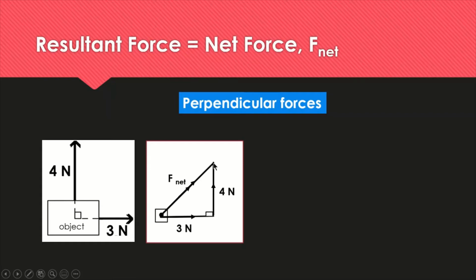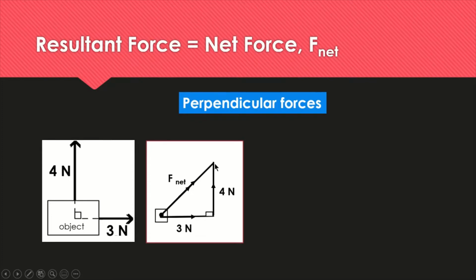So where does the object go? As a result of this, where does the object move to? The object will move in this direction, in this manner, because the resultant force, the net force, is this. Now, how do we find this net force?